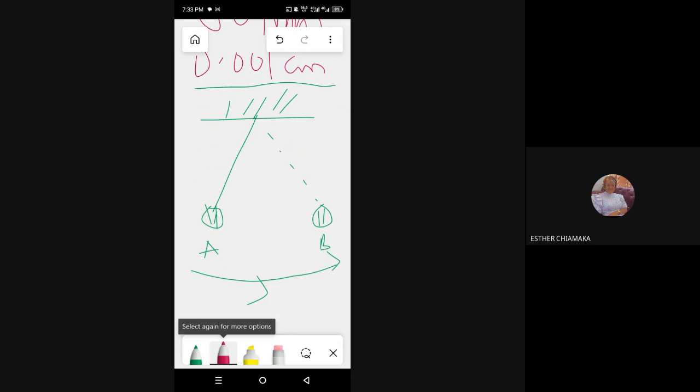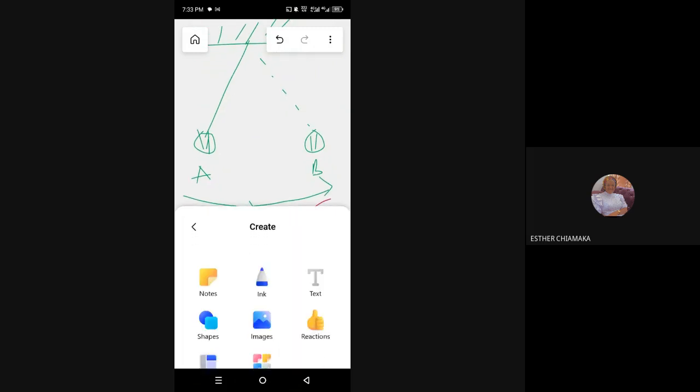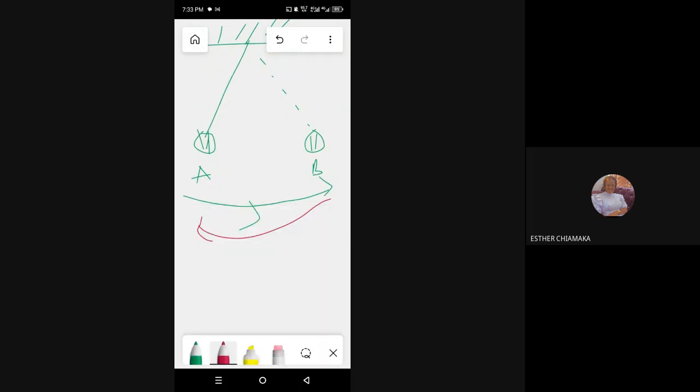When the bulb returns back to A, that's a complete oscillation. That is one oscillation. If you release the pendulum bulb from A and it goes from A to B and returns back to A, that's one complete oscillation.